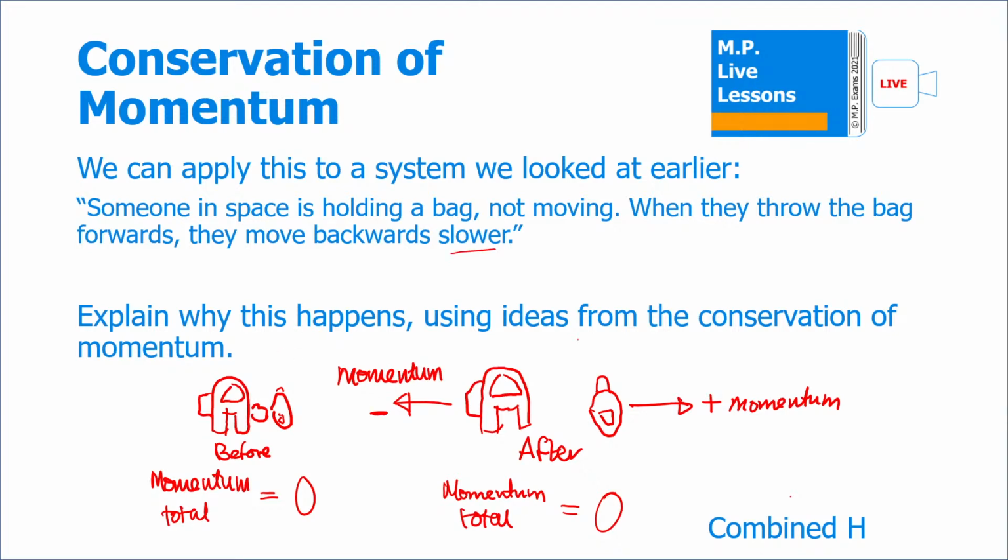And they'll move slower backwards because they have a higher mass.